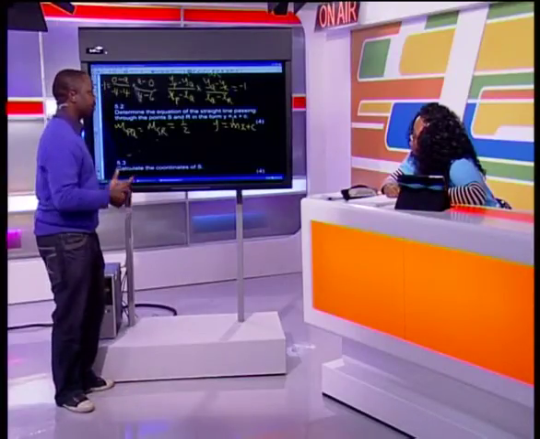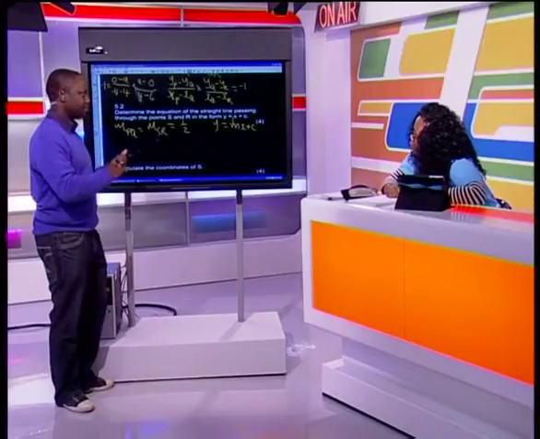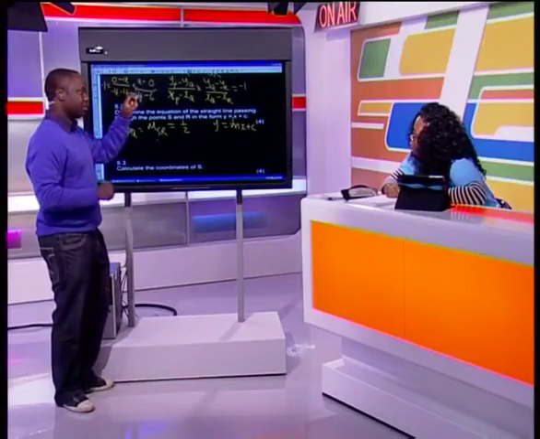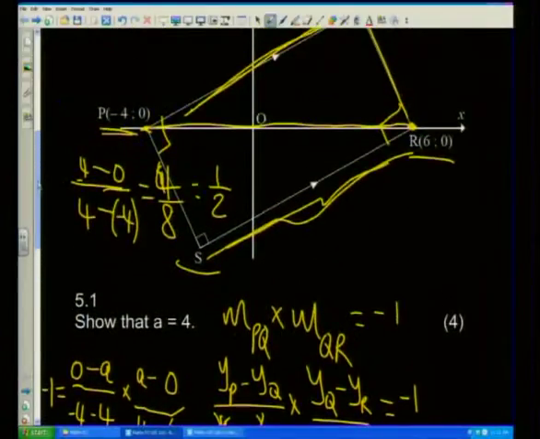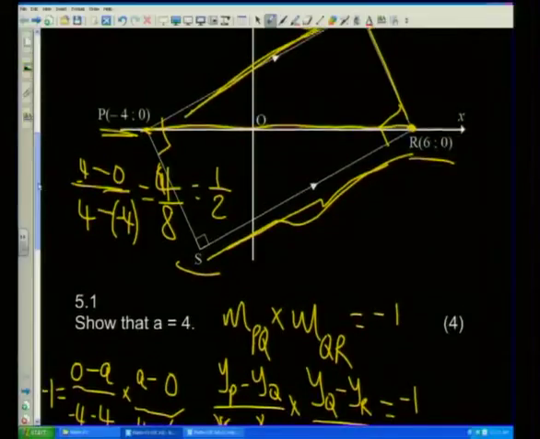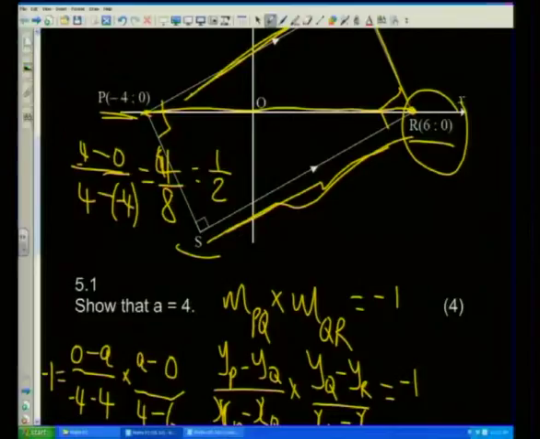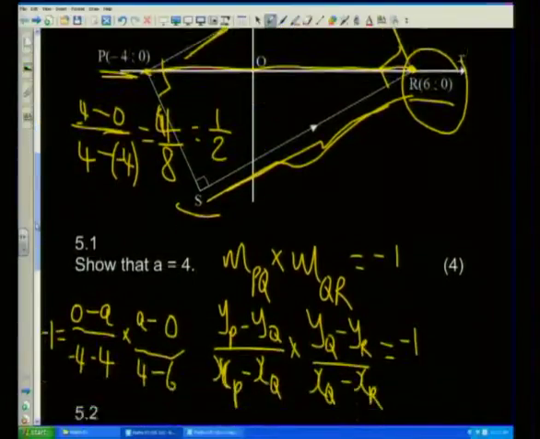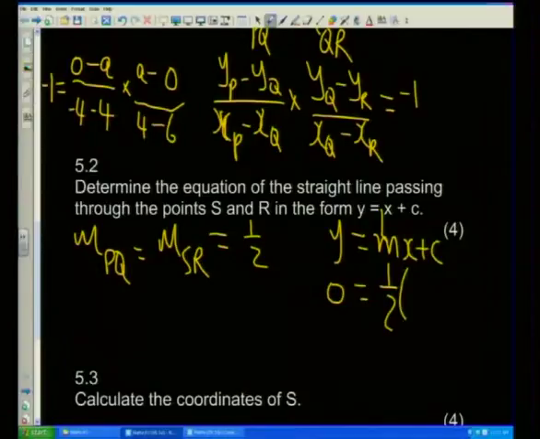Now we just have the task of finding c, but we have a coordinate. I mean, we've got the value of x and y, which is a point on the line. If we go to the, yes, R is 6 and 0. Over there, we can take those coordinates and put them in the equation. Now you have 0 equals half multiplied by 6 plus c.